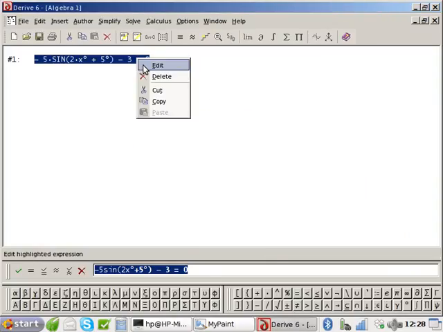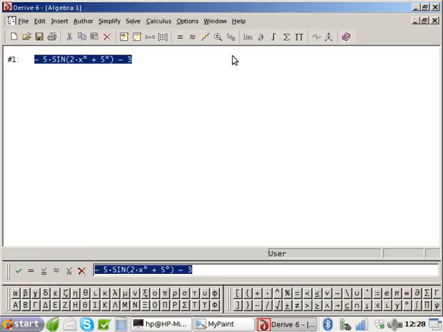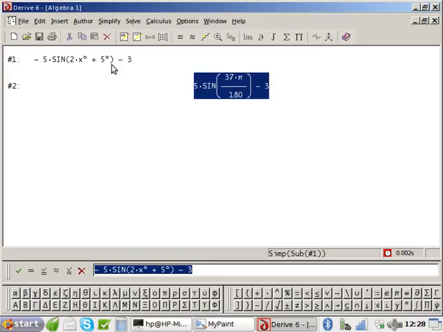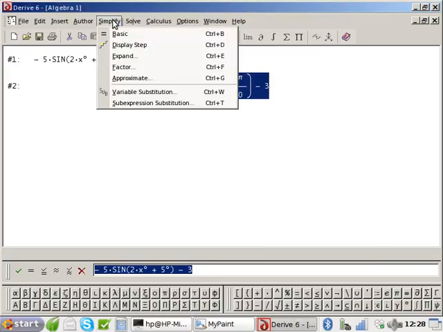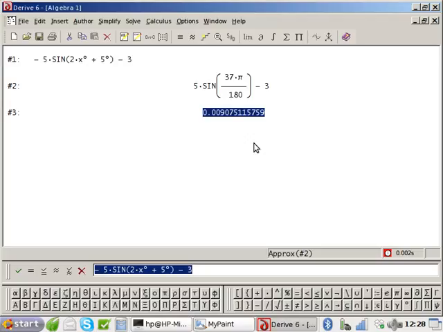I want to see, do I get 0 if I put my answers in? So, what was my first answer? Okay, now it won't be exactly 0, but it should be close to 0. Approximate. It's pretty close to 0, and we have to round it off.